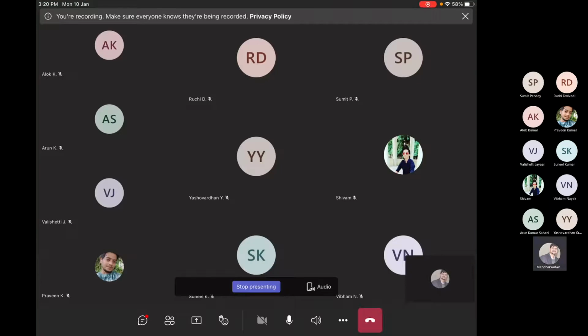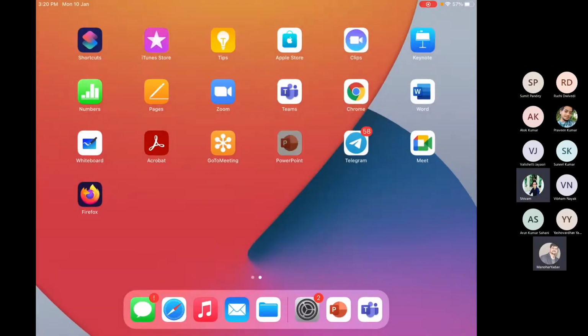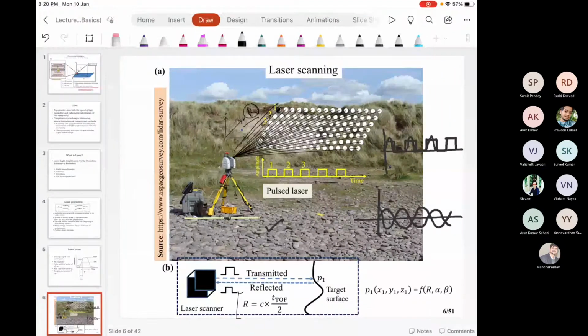Shivam, could you please unmute? Yes, sir. What is the query that I asked? Sir, what's the principle for the distance meter?